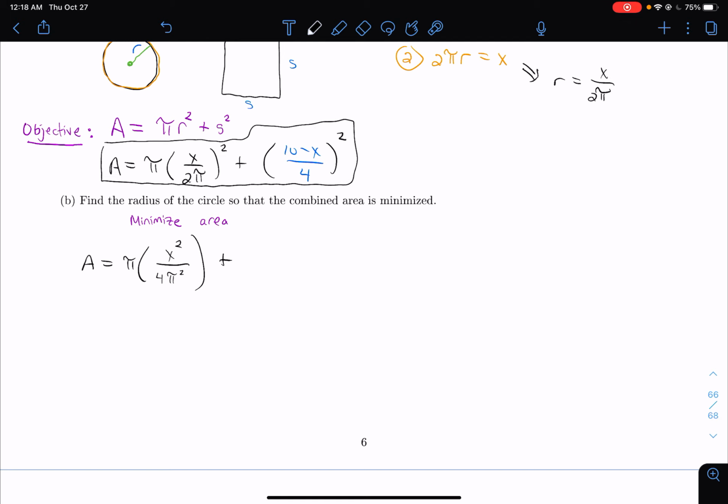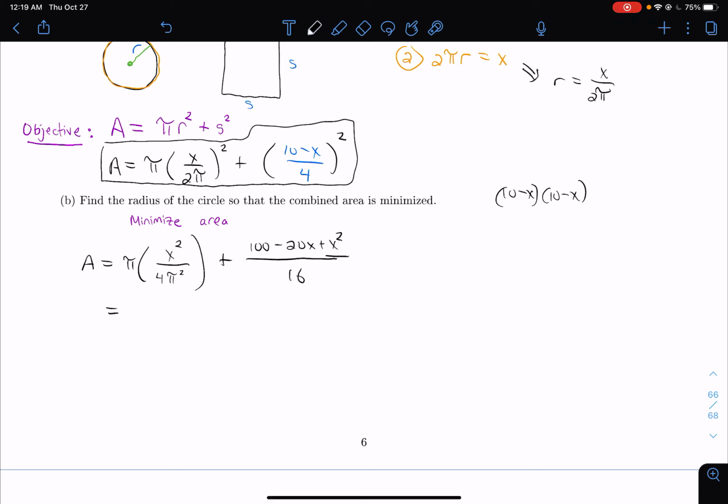Let's square out the next term as well, this fraction. On the numerator, I'll have to FOIL out 10 minus x squared, 10 minus x times 10 minus x. If I FOIL it, I get 100 minus 20x, plus x squared. And on the denominator, I get 4 squared, which is 16. Okay, let me simplify this a bit further.